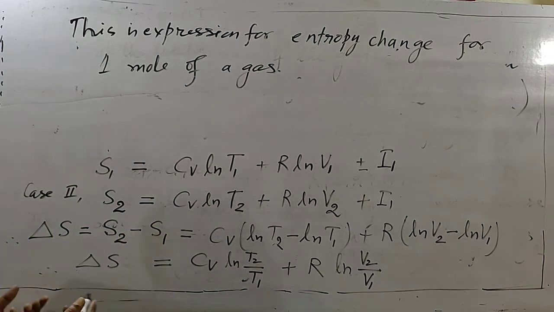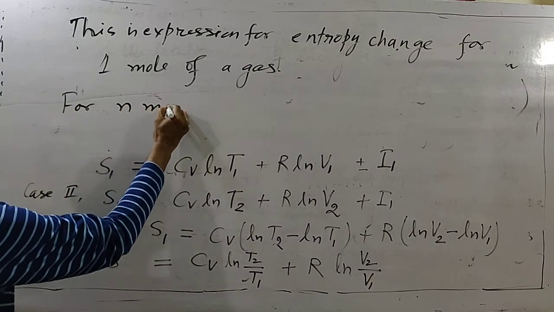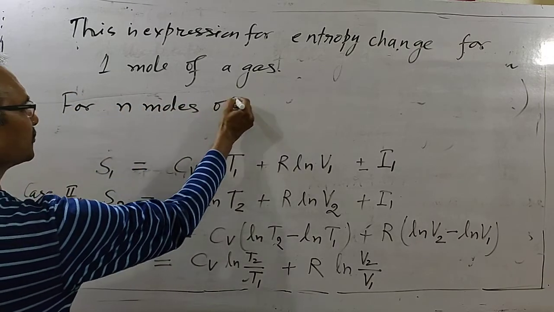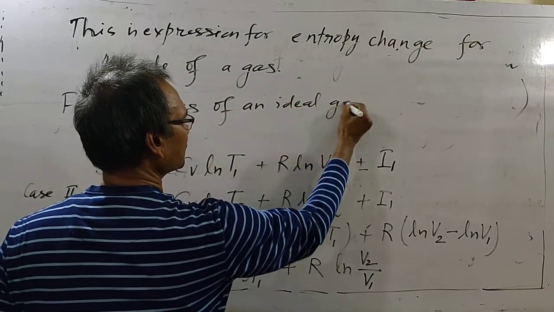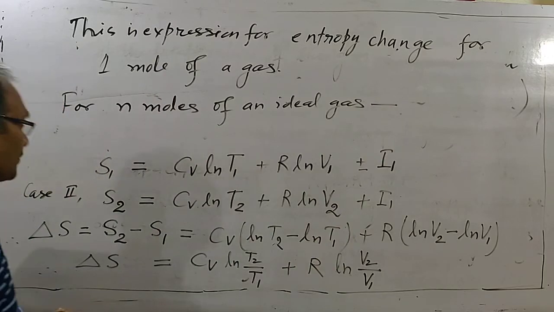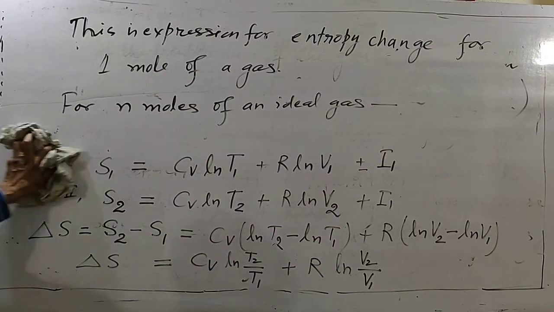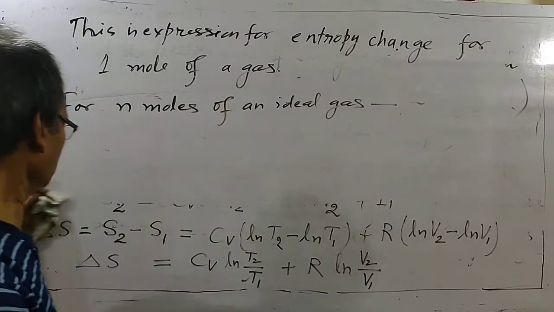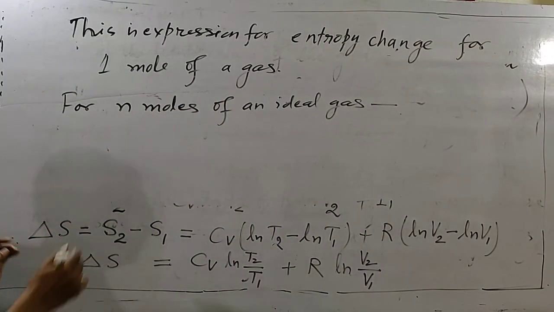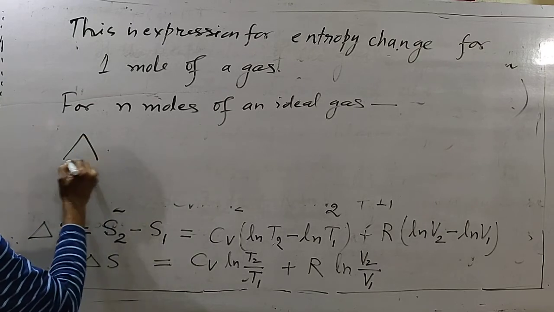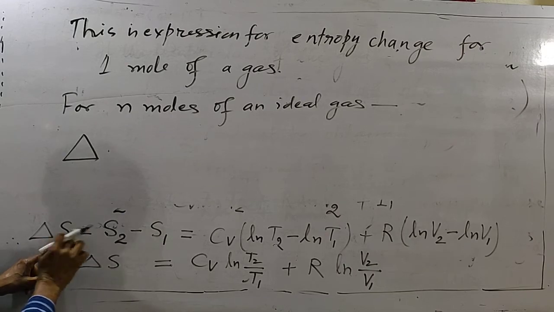For n moles of an ideal gas, the entropy change will be n times of this.